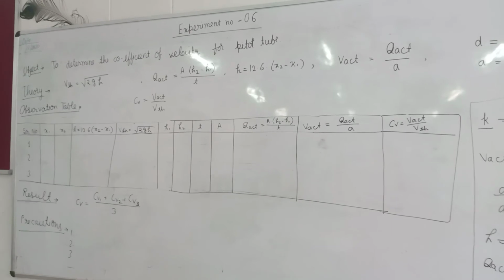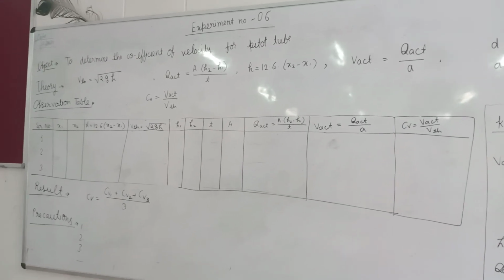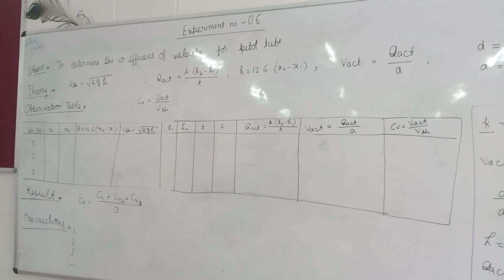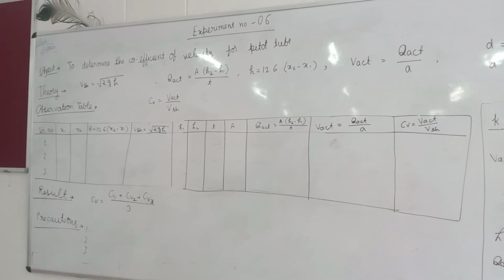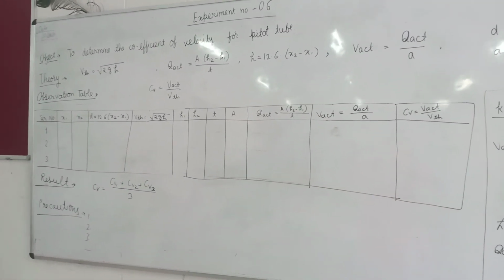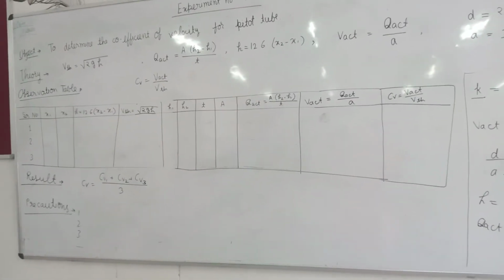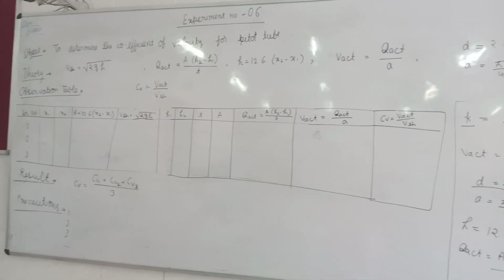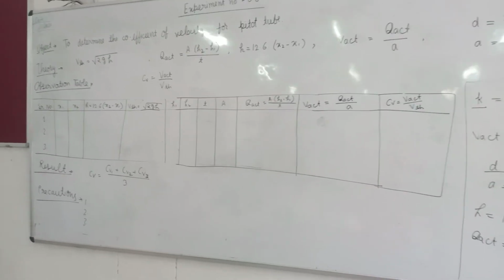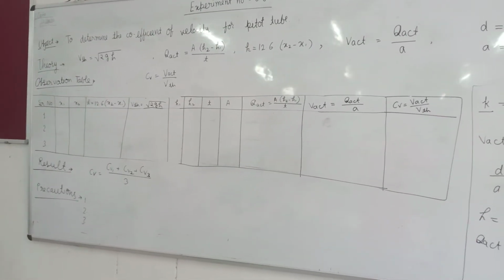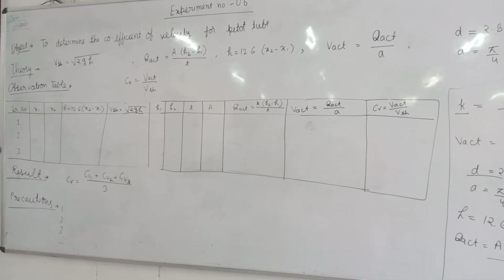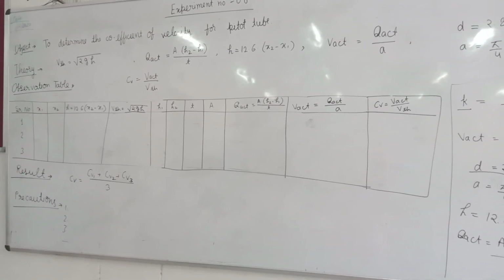Once you have found out the value of Q actual, you can determine the value of V actual by formula Q actual divided by cross-sectional area of pipe. Dia of the pipe is 2.8 cm, so cross-sectional area of the pipe can be determined by the formula pi by 4 d square. V actual has been determined and V theoretical value can be determined by the formula root 2gh. H value can be determined by the formula 12.6 times the difference of mercury level.